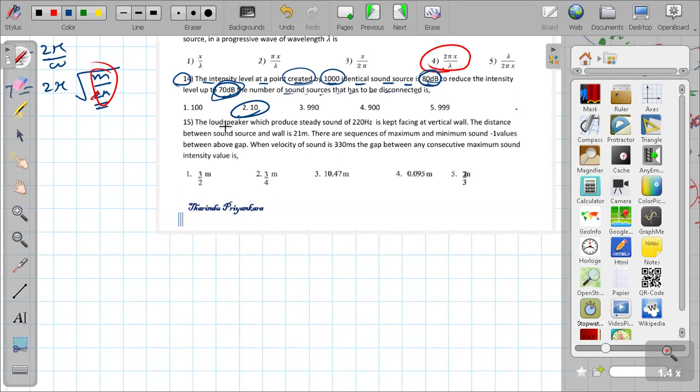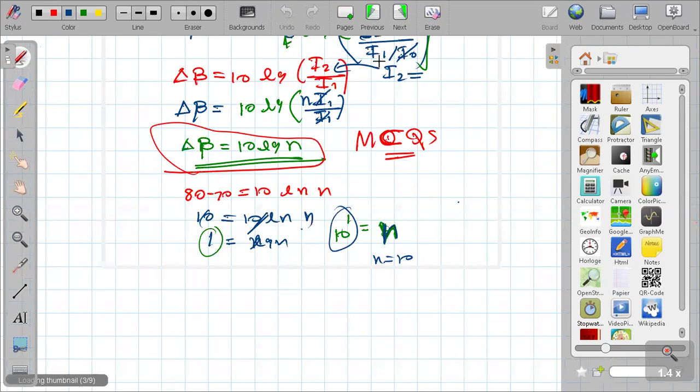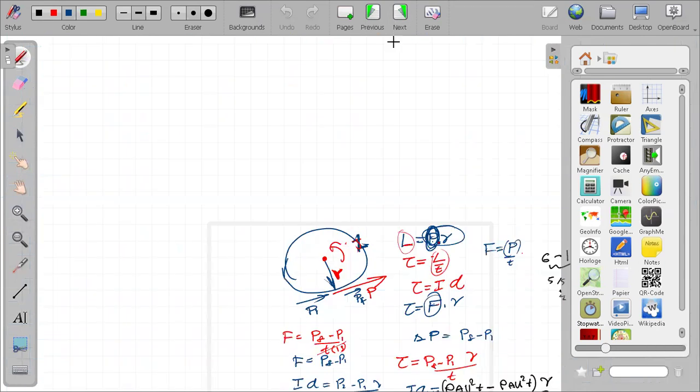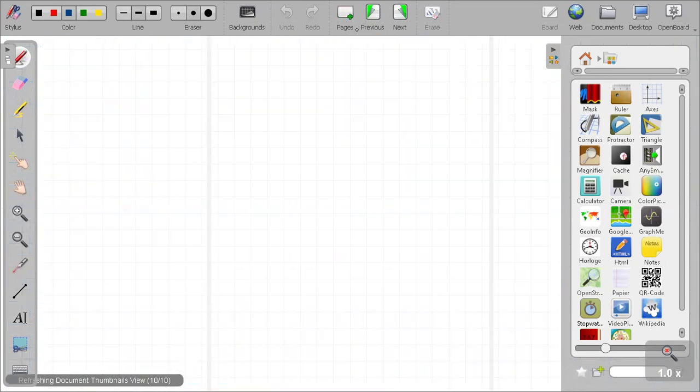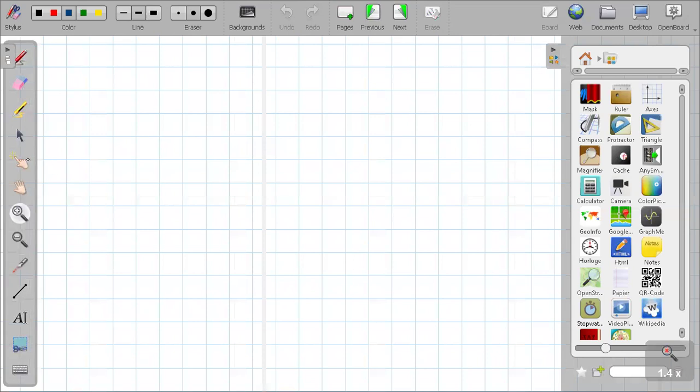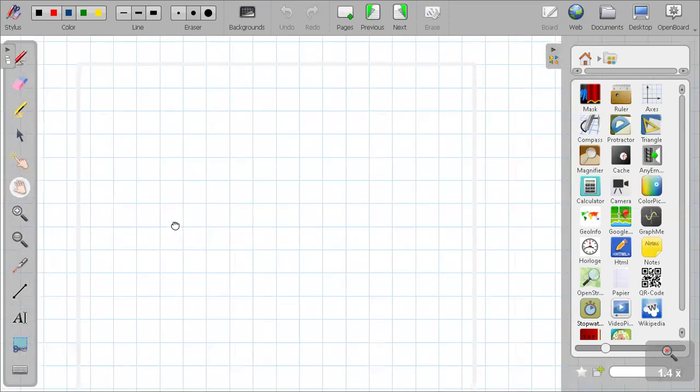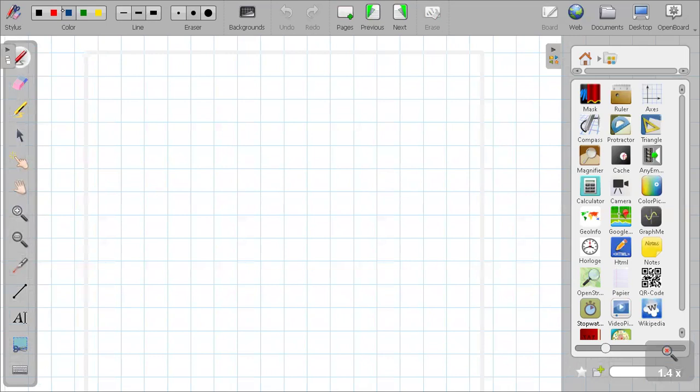In the next one, the loudspeaker will produce a steady sound of 220 hertz. Let me explain the previous case with more important theory, that is intensity.